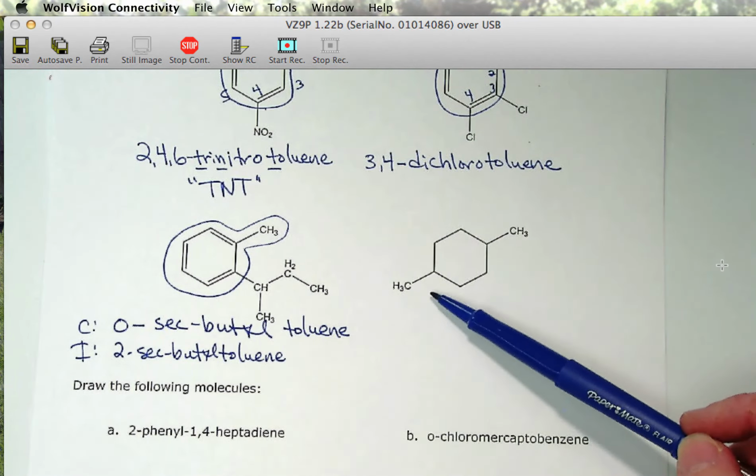So can't I just say, I learned this new way of naming, para-dimethylcyclohexane? No. Ortho, meta, and para only apply to aromatics. So it's not para. What would it be? 1,4.